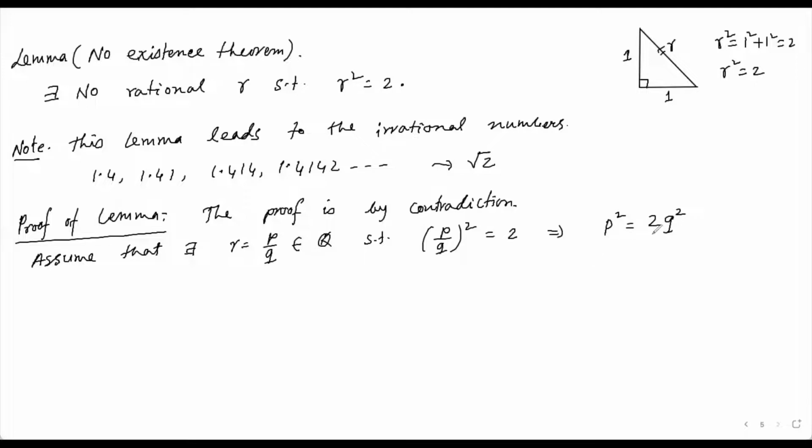Therefore p square is an even integer, that is, 2 divides p square, and 2 is prime, so 2 divides p, that is, p is an even integer.